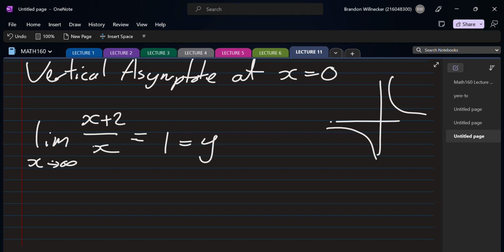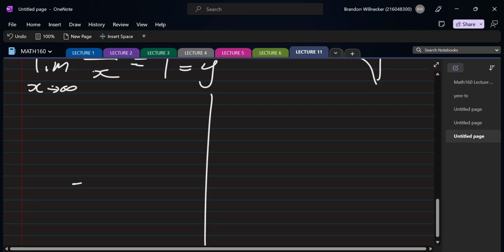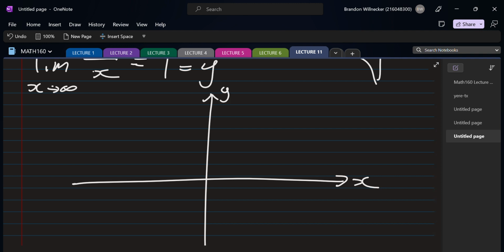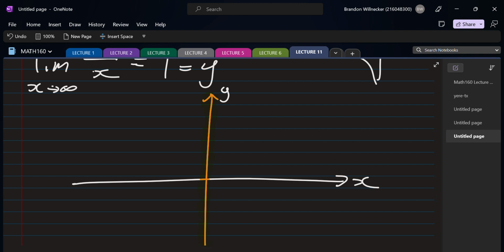Okay, that's all we need for sketching this. So we put in our axes, x and y. We have a vertical asymptote at x equals 0, but that's the y-axis. So just to illustrate that, let me highlight that. So this vertical axis, x equals 0, that is also the asymptote.